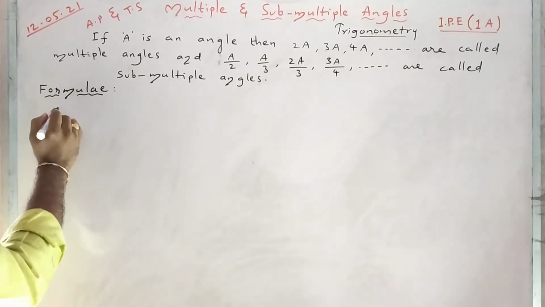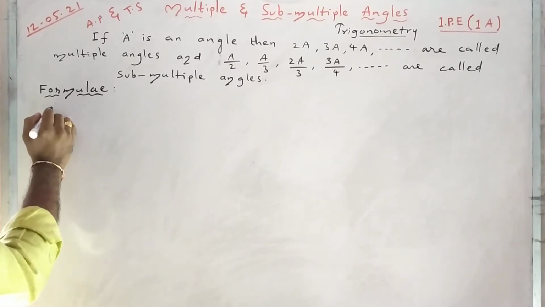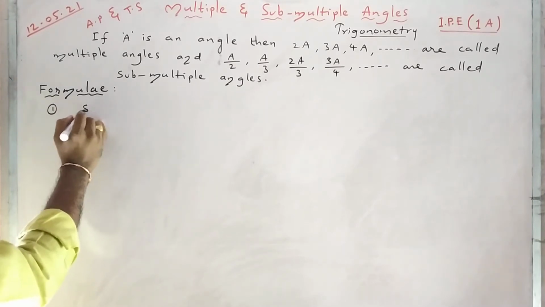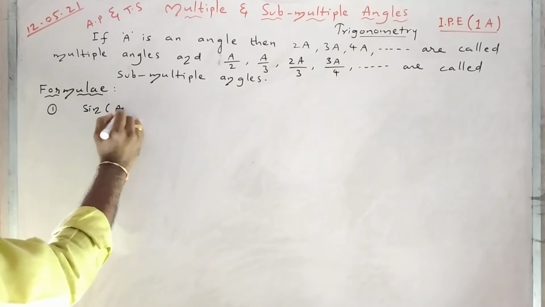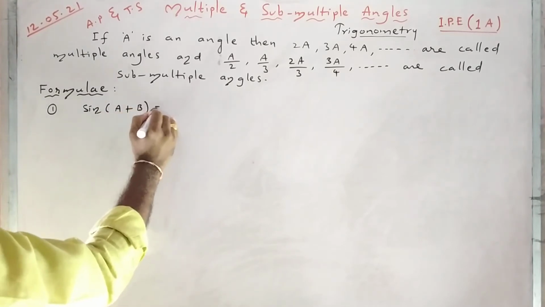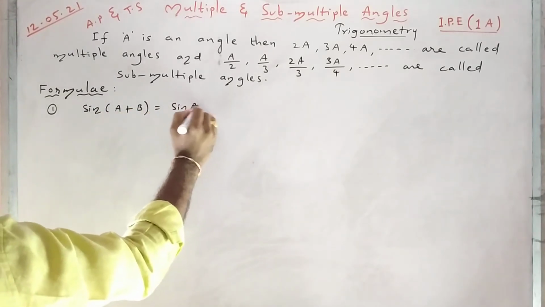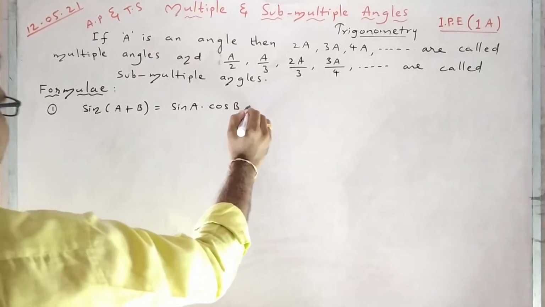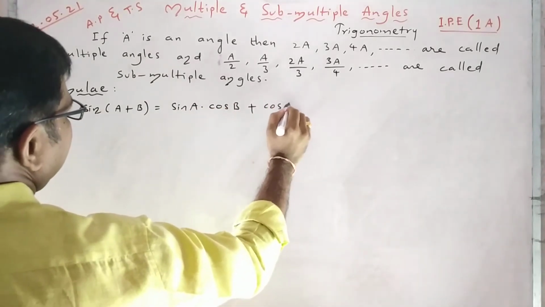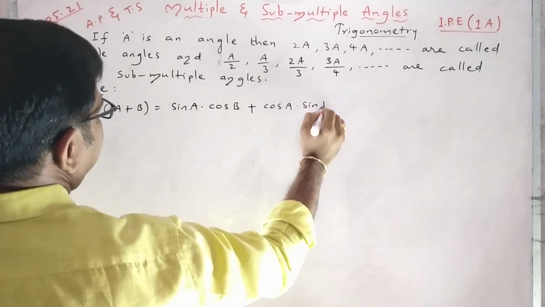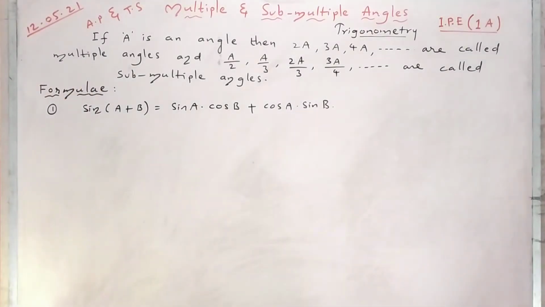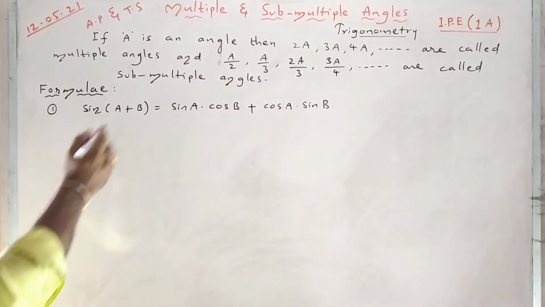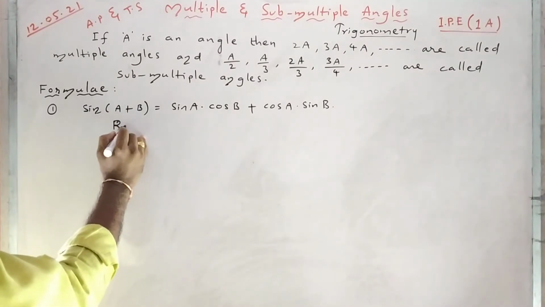First one, sin of A plus B. What is the formula for sin A plus B? Sin A cos B plus cos A sin B. Right?